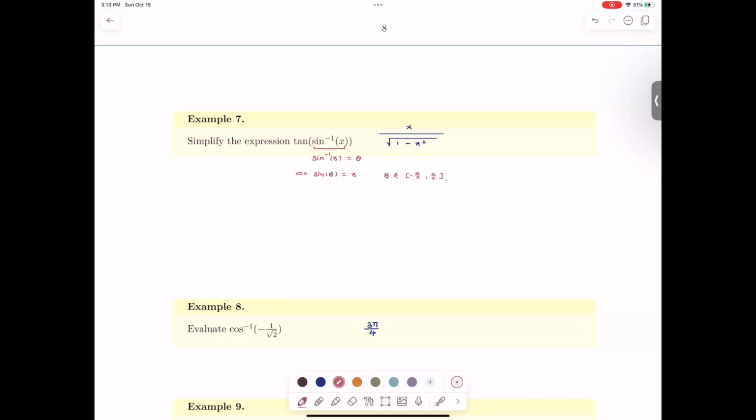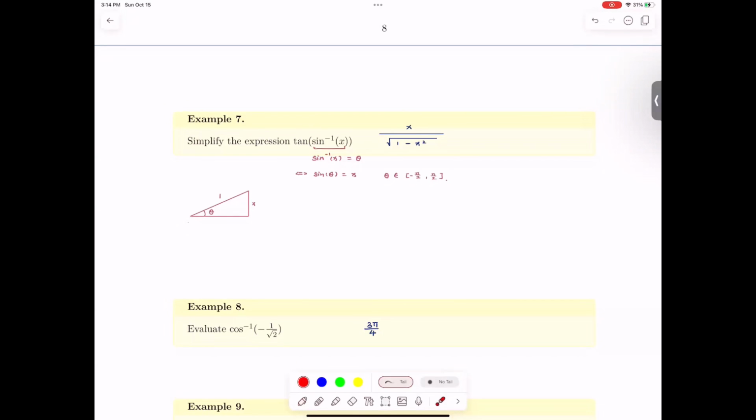Now you can draw a special triangle. In this case, it doesn't really matter. But suppose I draw a special triangle. Let's call this theta. Then sine theta is x. x is basically x over 1. You can make a special triangle. For example, this is x, this is 1. Then sine theta is going to be x, right?